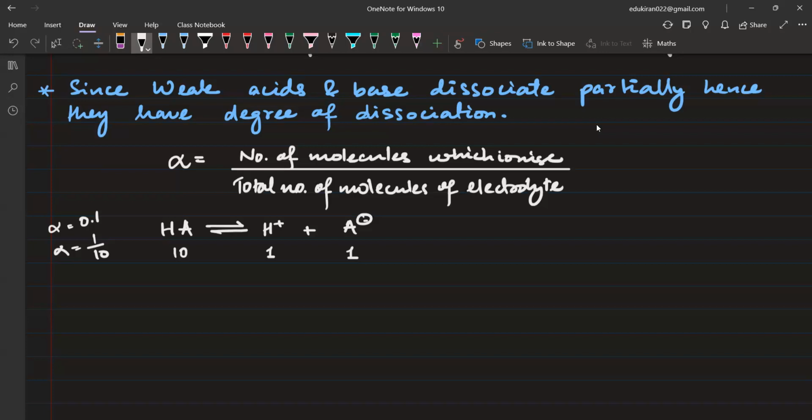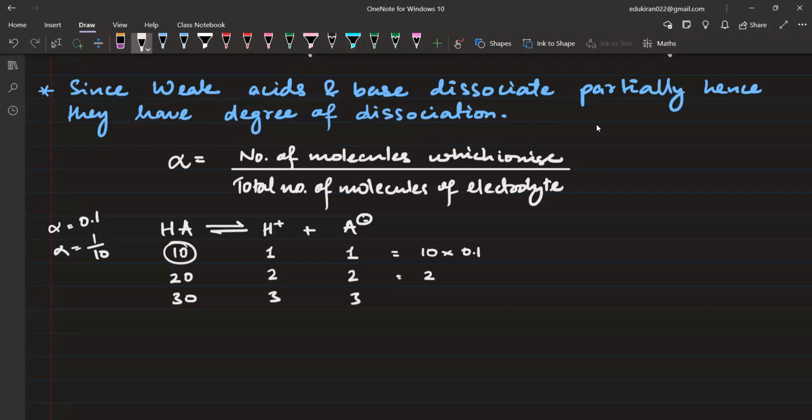अच्छा, what will happen if I take 20 molecules of HA? Then how many H positive I will get? 2. And how much A negative? 2. अच्छा, if I take 30, then I will get 3 and 3. Make sense? Yes, sir. अगर हम ध्यान से देखें जरा, so I can say that this value we are getting, it is equal to the amount of HA we are taking, 10, into the degree of dissociation, that is 0.1. सही है ना?